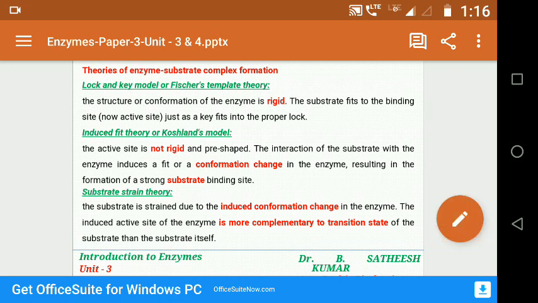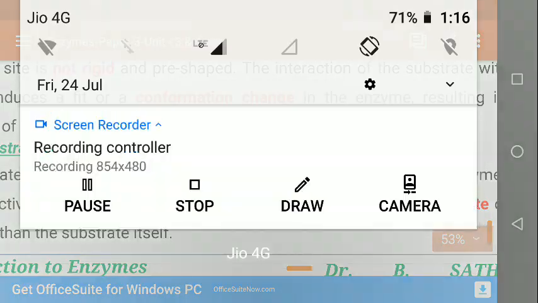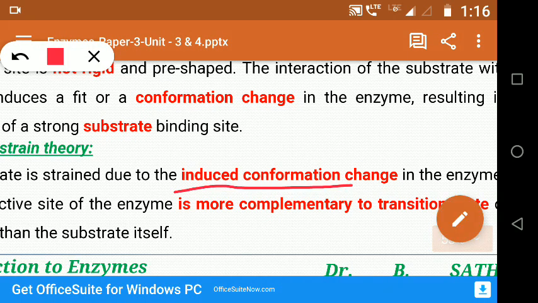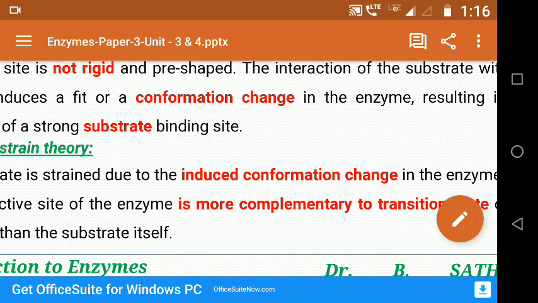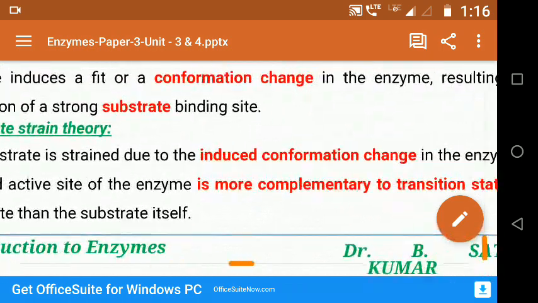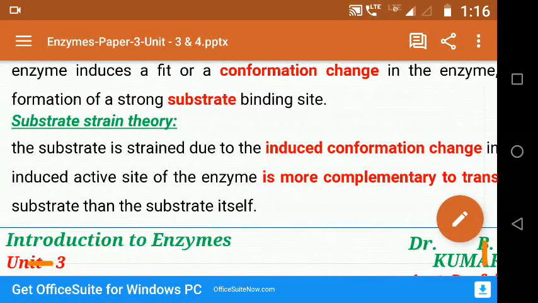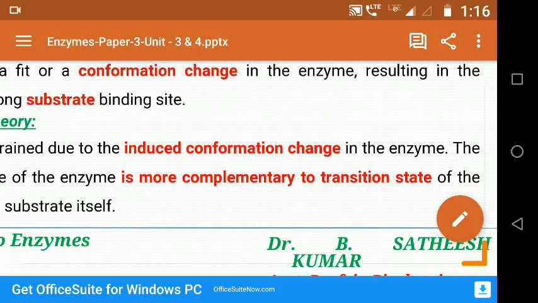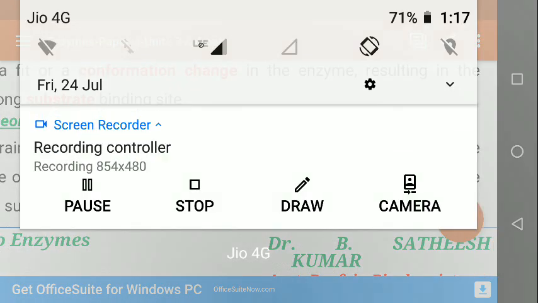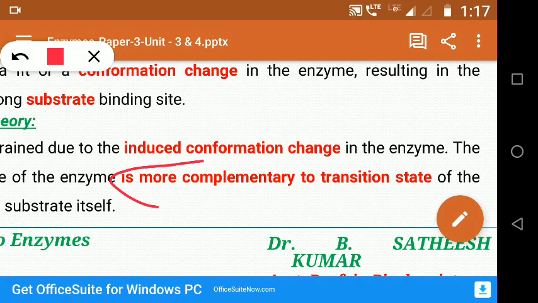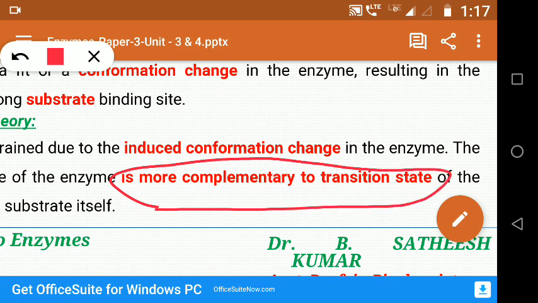The third theory explains the substrate is strained. The substrate is strained due to induced conformational change in the enzyme. The induced active site of the enzyme is more complementary to the transition state. So this is a very important point to note down when we look at this third theory.